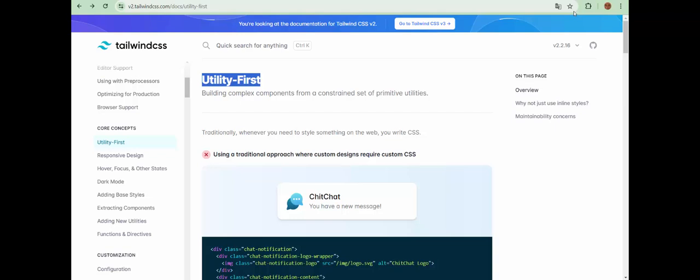But of course, something else. Principal knowledge, fundamental knowledge before Tailwind and for Tailwind: CSS, cascade style sheet. It is absolutely important knowledge.